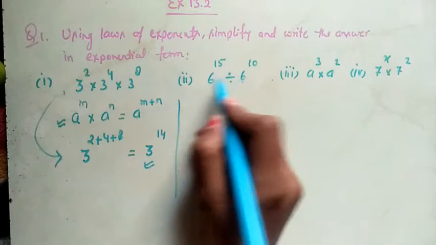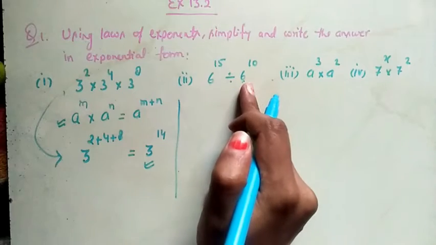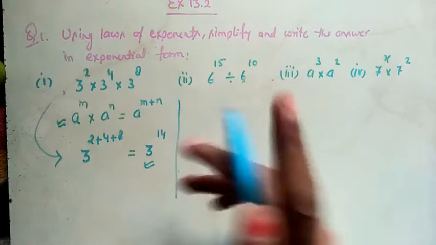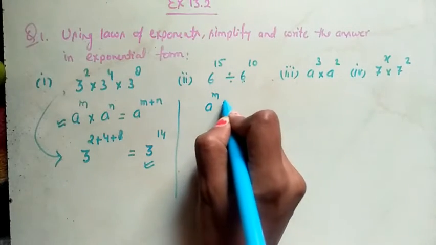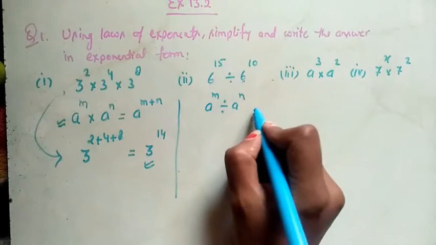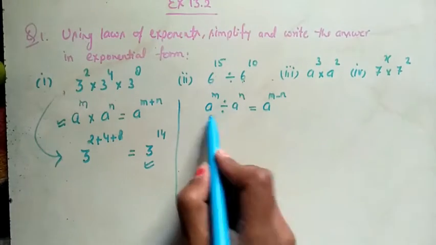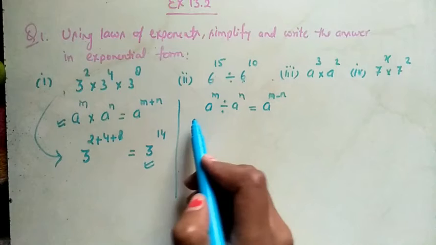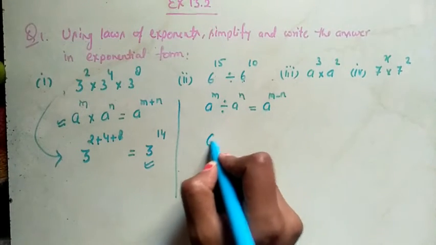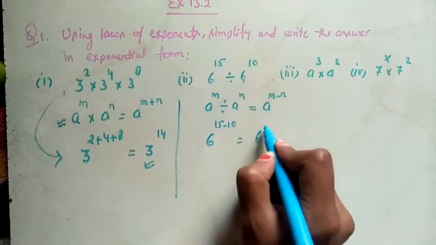So here again the base is the same, and whenever we divide this type of numbers, then only the powers are subtracted. That is a to the power m divided by a to the power n. Whenever the base is the same, then we subtract the powers. That is a to the power m minus n. And every time you solve this type of question, you should write the formula that you have to apply in every question. Okay, so here 6 to the power 15 minus 10. So the answer is 6 to the power 5.